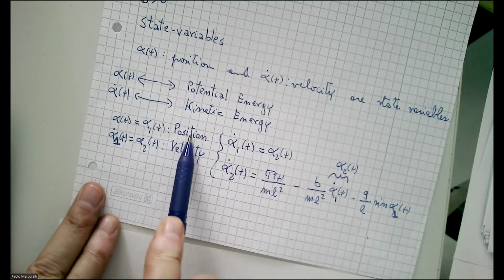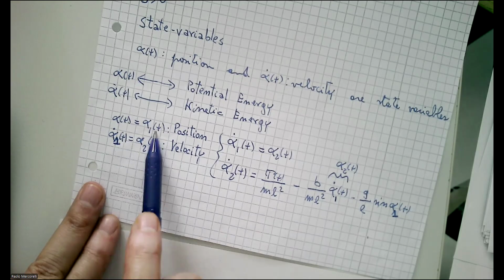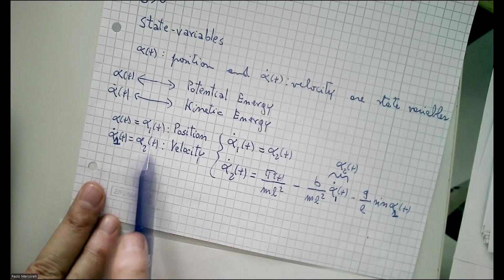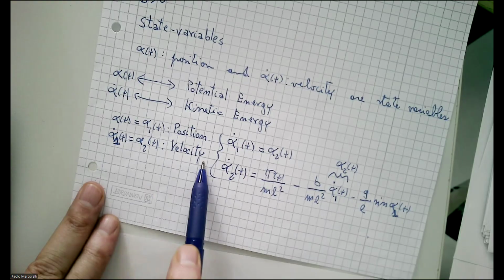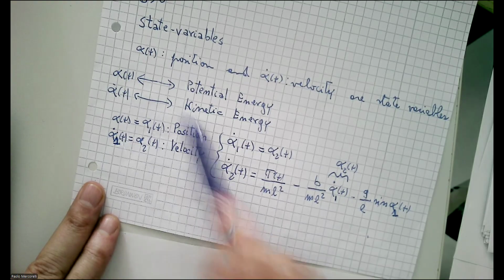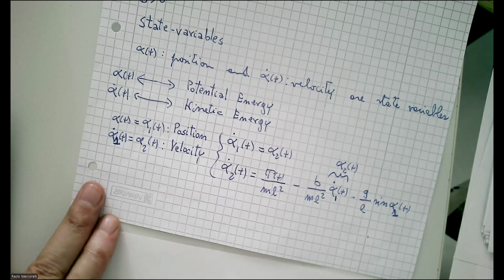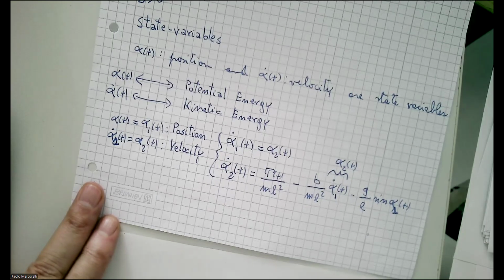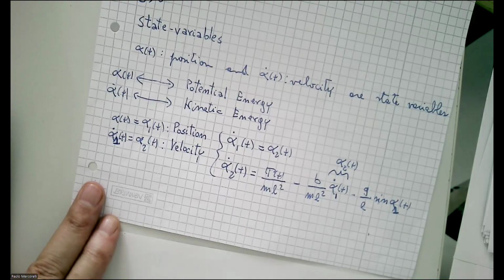I call this position. Alpha 1 derivative, I call alpha 2, I call velocity. This means alpha 1 is the position, alpha 2 is the velocity. I already told you last time, to have more flexibility in the nomenclature, we can work also with alpha, alpha dot, and alpha dot dot.